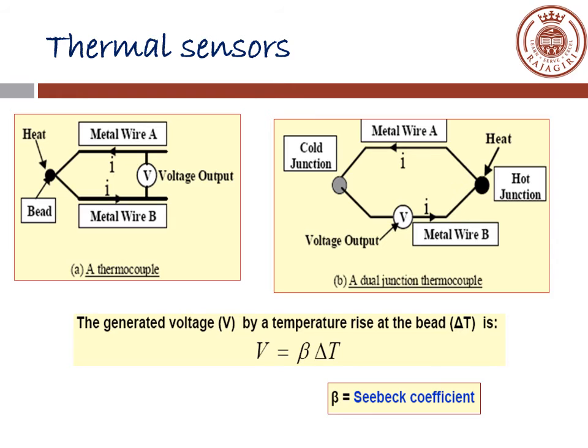The two junctions, the hot junction and the cold junction, are exposed to two different temperatures. This is different from the first structure. In this structure, the two different junctions, two different beads, are subjected to two different temperatures.